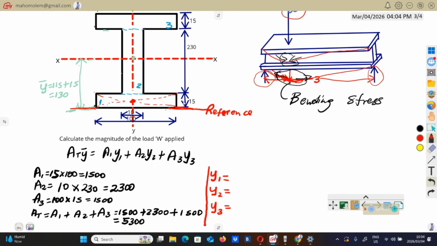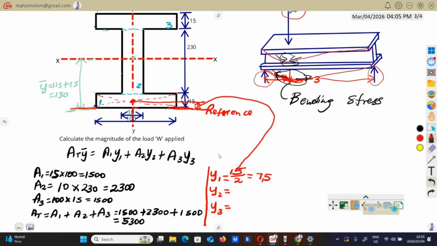So meaning that the vertical distance from the reference to the center here, from the bottom to this center there, is going to be our y1. So y1 will be equal to 15 divided by 2, which is 7.5.